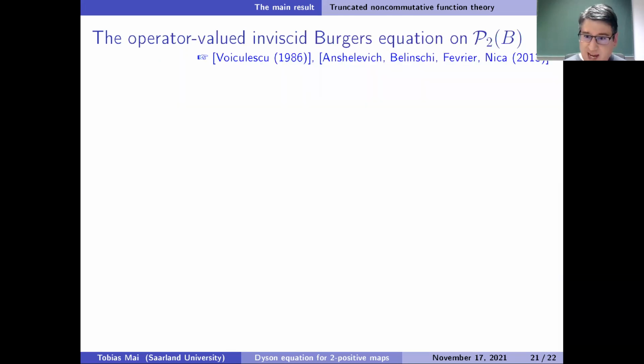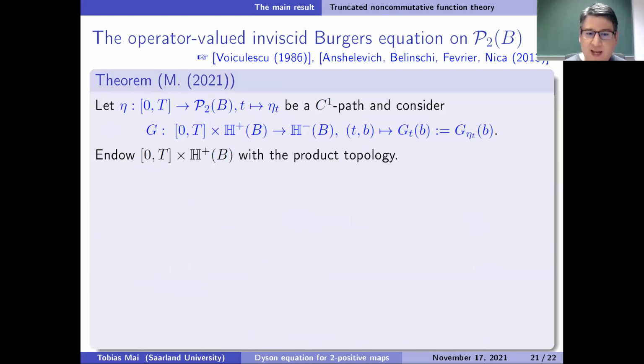And the second one is the operator valued implicit Burger's equation. This allows you to study the dynamics, let's say, of the Cauchy transforms if you perturb the completely positive or the positive map, in this case a two positive map. So we start with a C1 path, and then we look at the solution of the Dyson equation depending on T and on B at the same time.